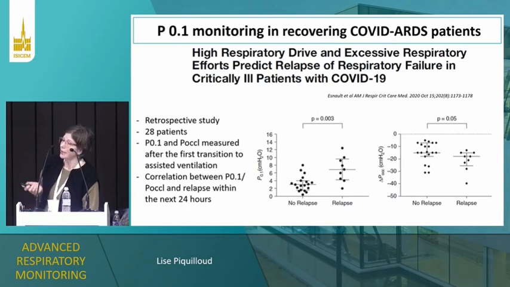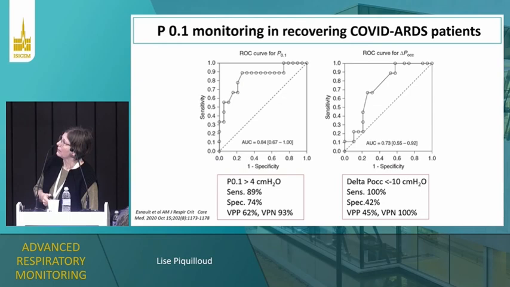And they showed that the patients who are going to worsen in the next 24 hours were the ones who had high PO1 and high occlusion pressure. But it's in negative value, be careful.